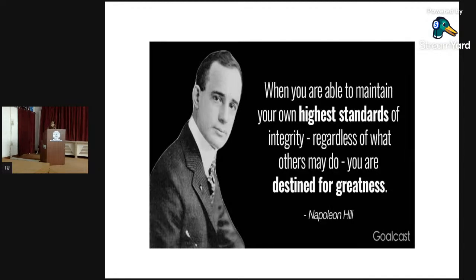So when you are able to maintain your own highest standards of integrity, regardless of what others may do, you are destined for greatness. Maybe hundreds of people around you are not following the highest standards of ethics, but that does not mean that that is the correct way of doing research, or the correct way of conducting your everyday life, right?